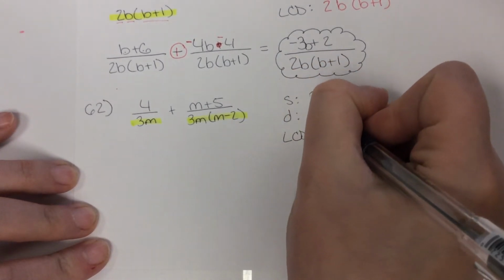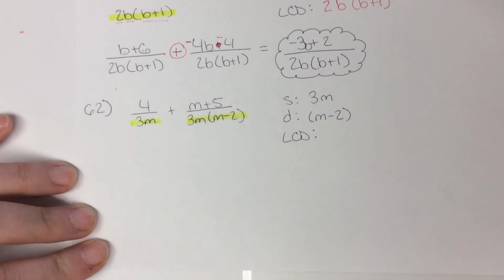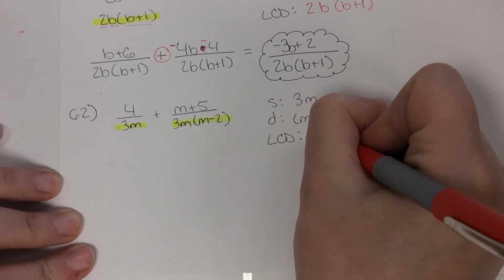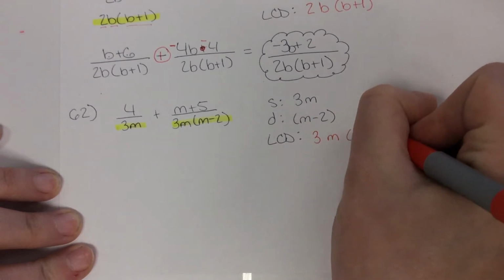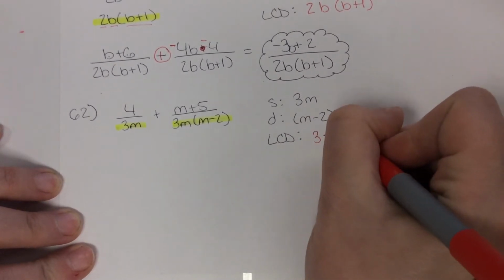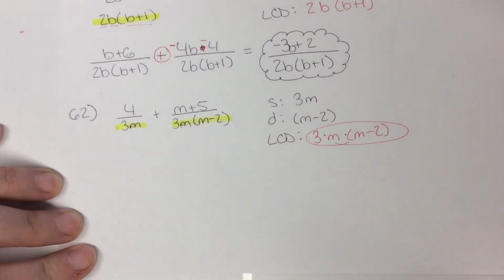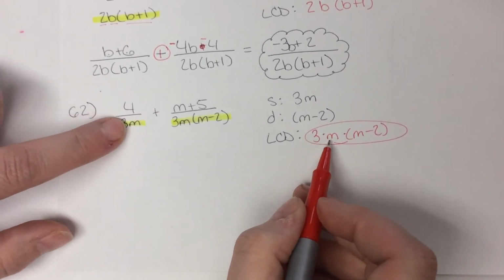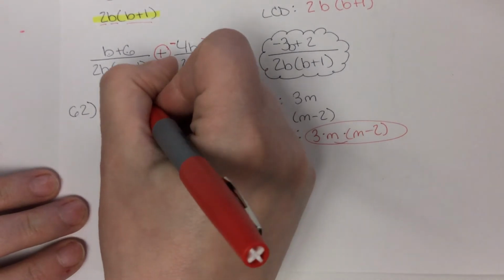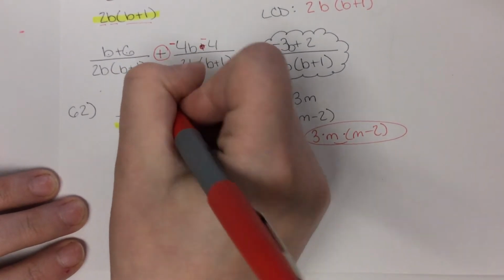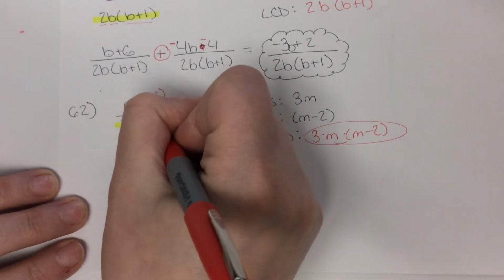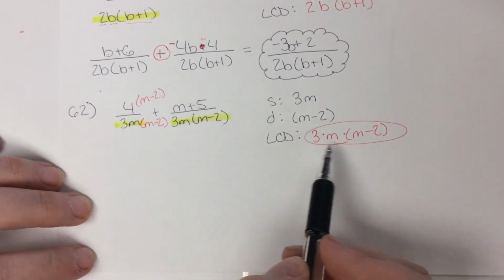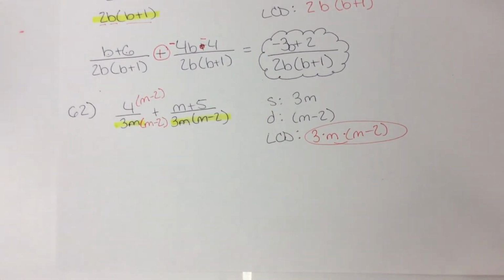Different, the second fraction has m minus 2. So LCD is 3m, m minus 2. Make sure that it's got all 3 factors in the denominator. The first one has the 3, has the m, missing m minus 2. Okay. Second fraction has all 3 factors, so we don't need to do anything.